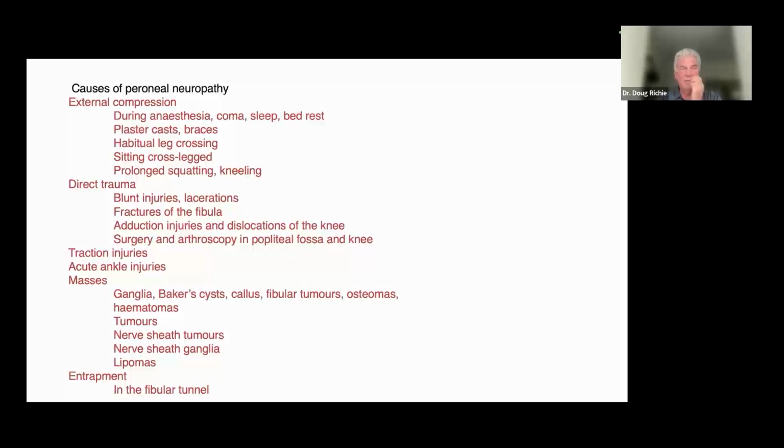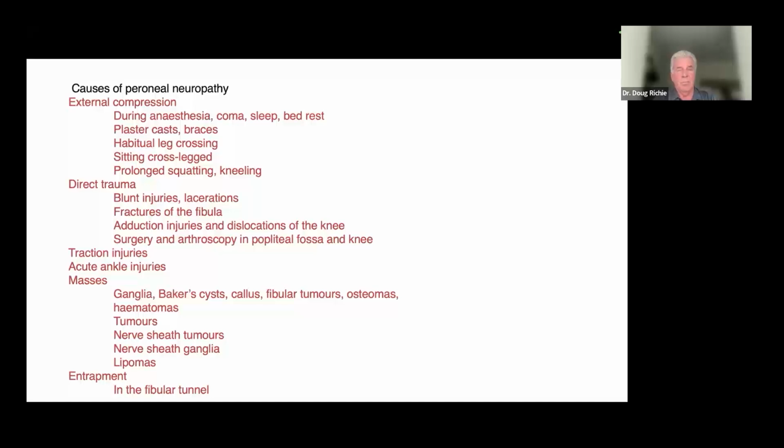So besides direct trauma, as I just showed you, we can see other insidious onset of compression peroneal neuropathy, as we're all aware: putting on an improper plaster cast or brace, improper positioning of the patient during anesthesia, coma, or sleep.